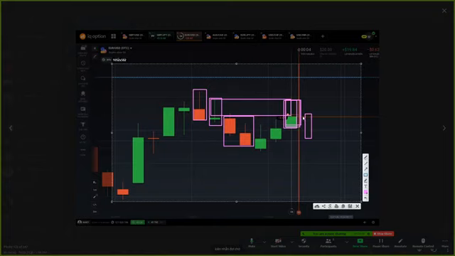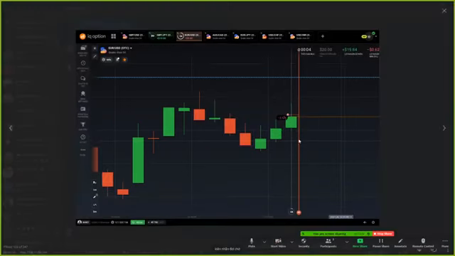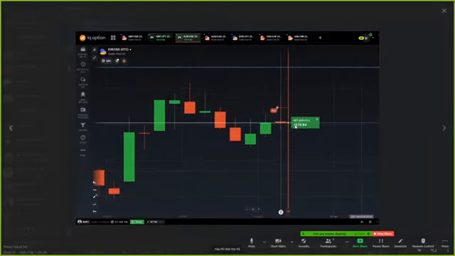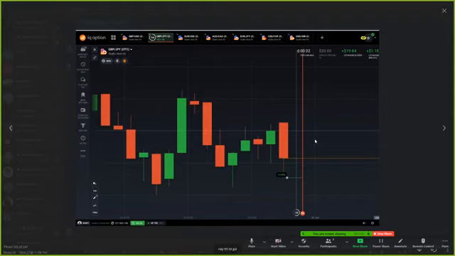But you should not enter from here. You enter here if it closes like this. But let's see what happened. So I got this, I got this one. So actually you can enter after this one if this one is a green candle and if we have a good wick on the top, so you can enter here.